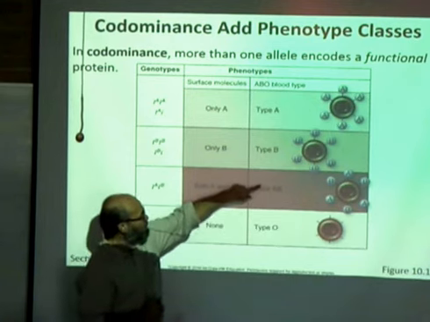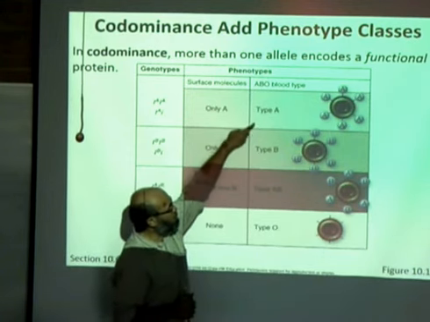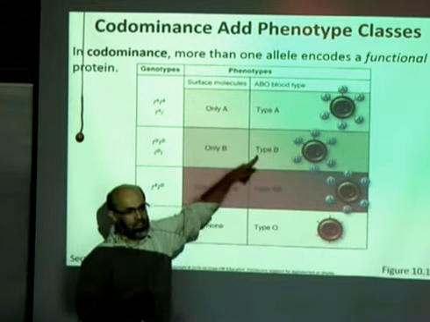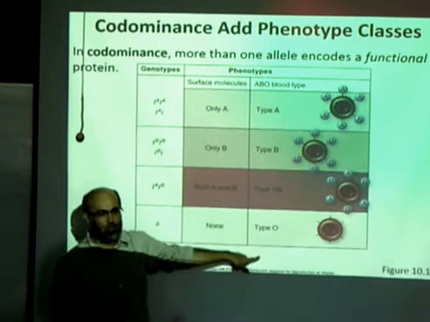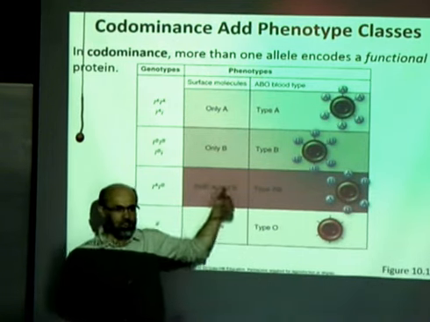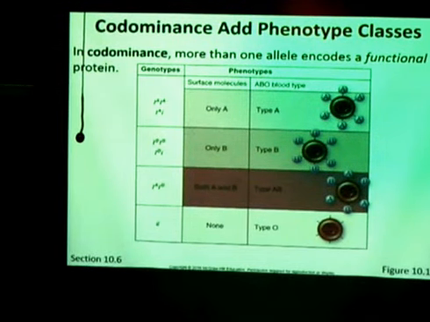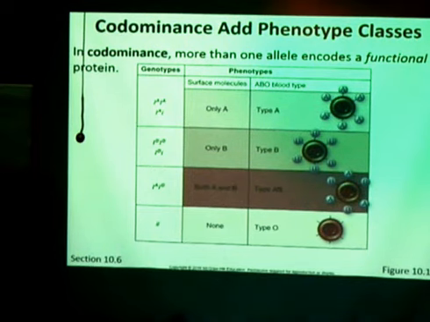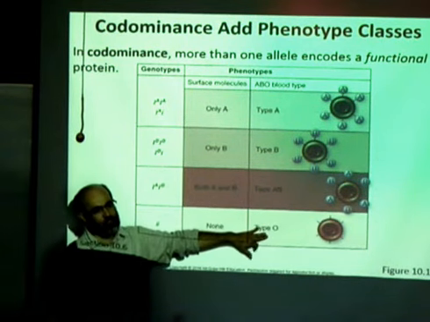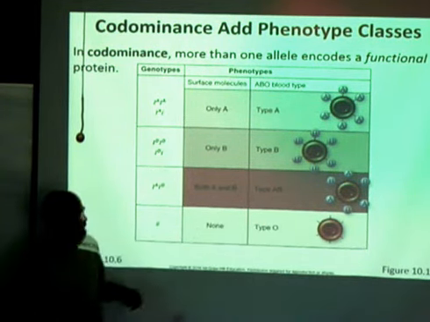So we can give it to these people, or these people, or these people, but unfortunately we cannot receive from any of them, except our own kind. So if I'm type O positive, I can get blood only from O positive. If I'm type O negative, I can get it only from O negative and not from anybody else.